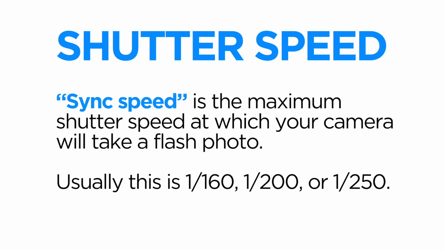Another element connected to shutter speed with flash photography is called sync speed, synchronization speed. What that is, is the fastest shutter speed you can use on your flash and still effectively expose the whole frame of the image.